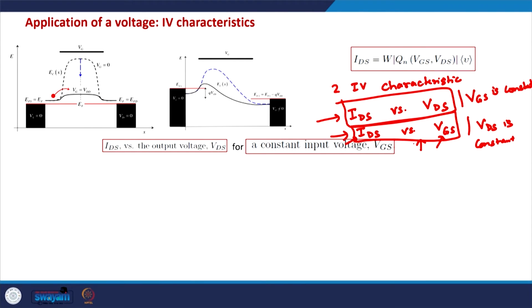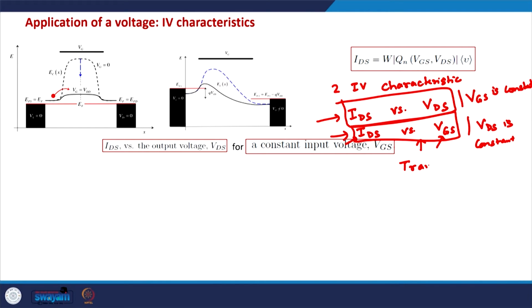It essentially encodes the transconductance of the MOSFET, the impact of the voltage applied on the third terminal, the controlling terminal.